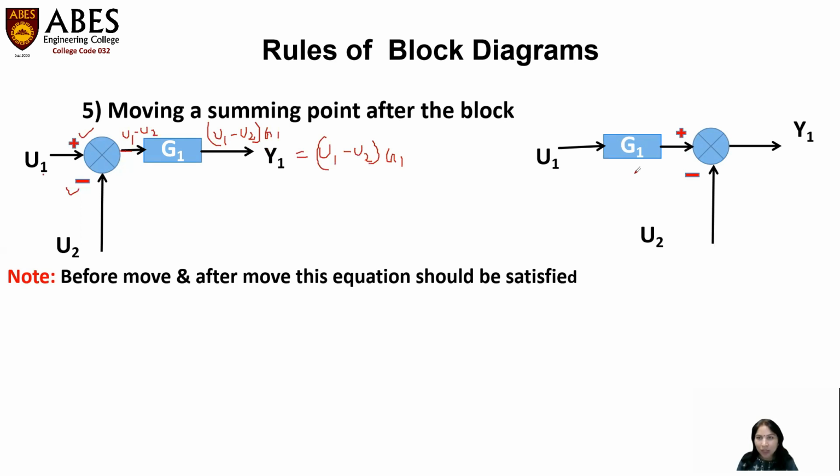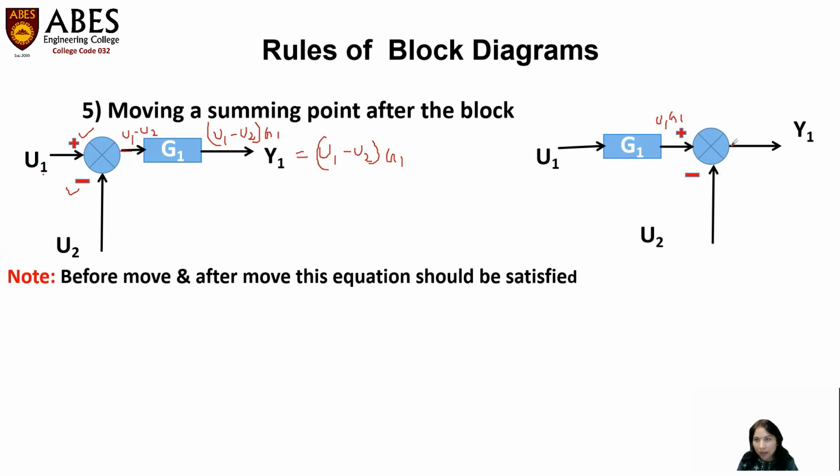Now I have moved this summation point after the block, right? Now just see what value I'm getting here as y1. The value at this signal is u1 into g1. From this point, I'm getting the u2 signal.